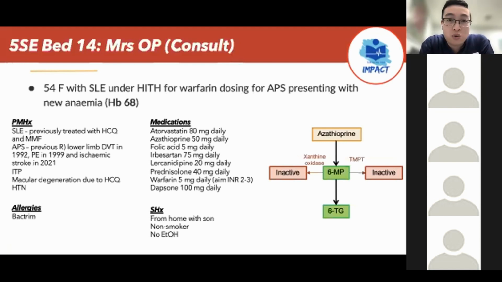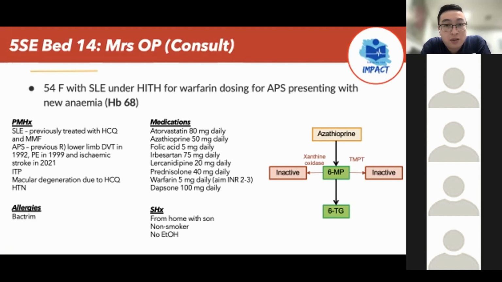The second case that I wanted to talk about is a consult, and it's a 54-year-old female that was on the Gen Med ward then transitioned over to the rheumatology ward.